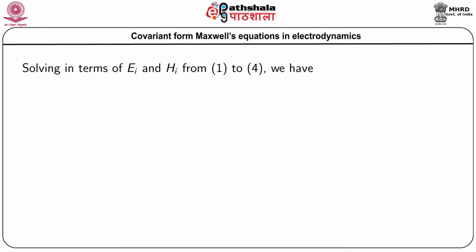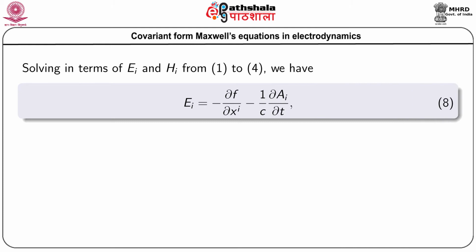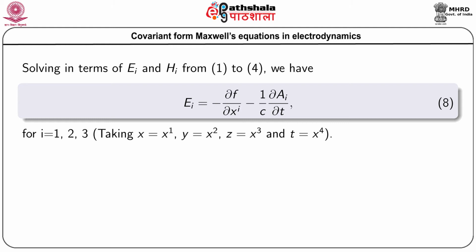Now, solving in terms of E_i and H_i from 1 to 4, we have E_i equals to minus del f del x^i minus 1 by c del A_i del t, where i is running from 1 to 3.